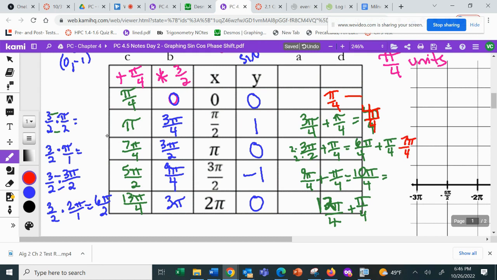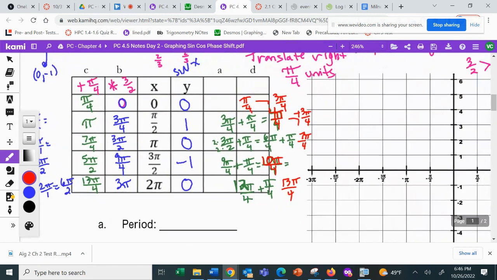If I'm going up each time by 3 pi over 4, I can figure out this one would be 10 pi over 4, and then this one would be 13 pi over 4. So I can save myself a little bit of time by noticing what they're going up by. They're always evenly spaced.